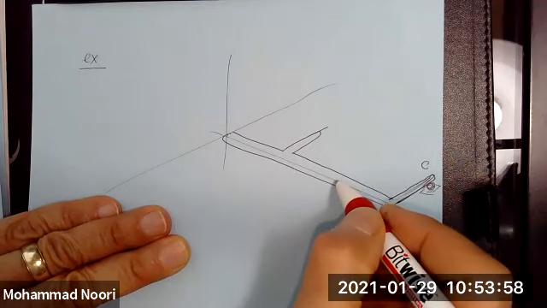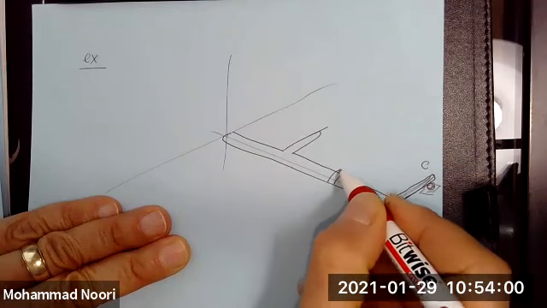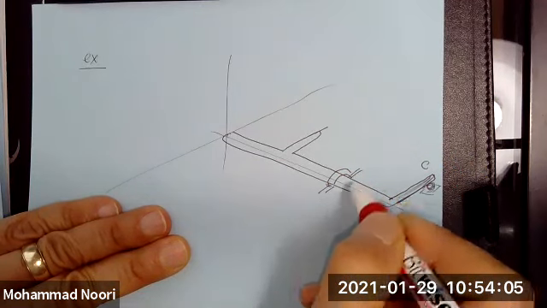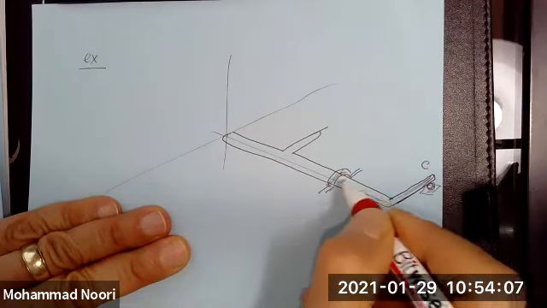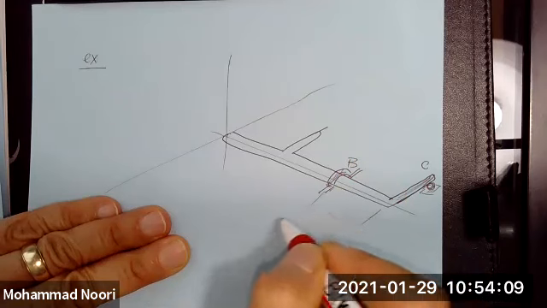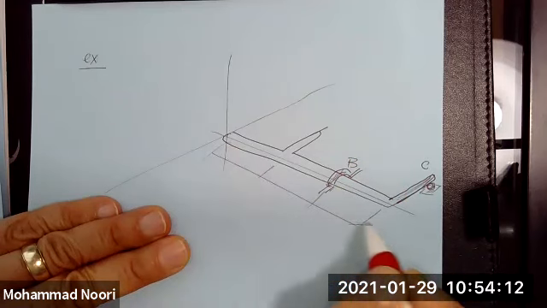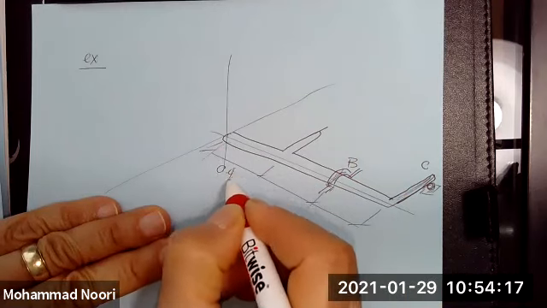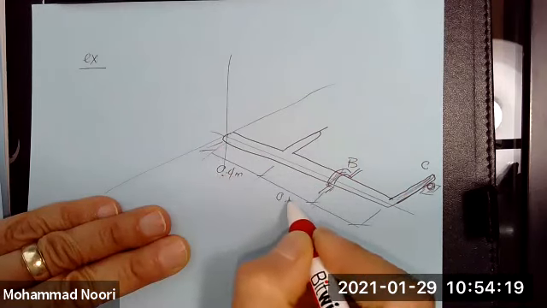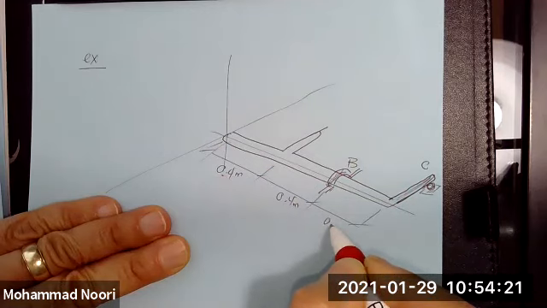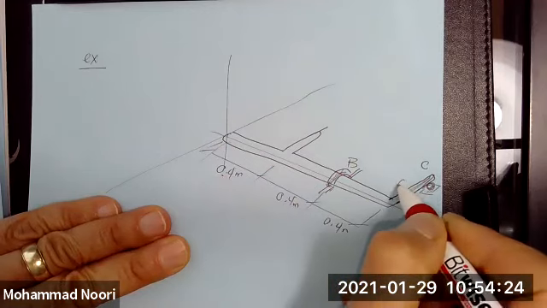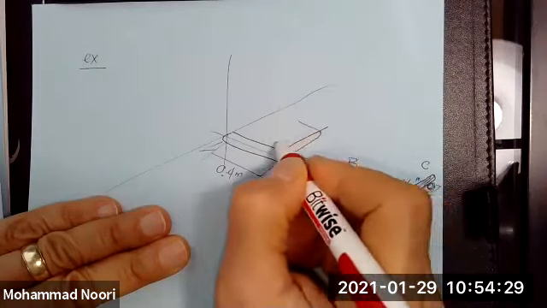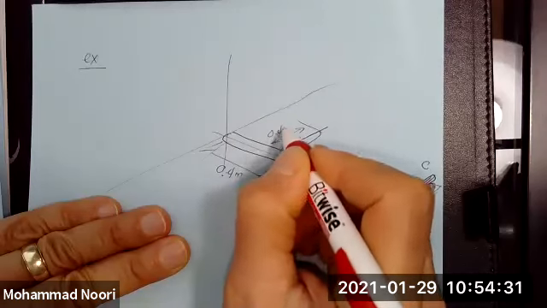At this point B, you have a kind of hinge. By the way, these dimensions, let me give them to you: 0.4 m, 0.4 m, 0.4 meter. This is 0.6 meter, and this is also 0.4 meter.